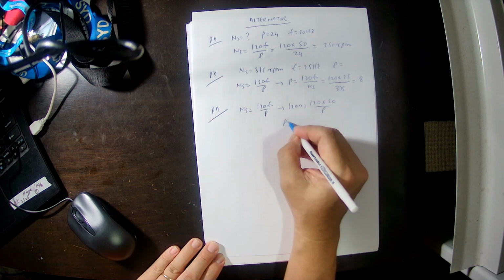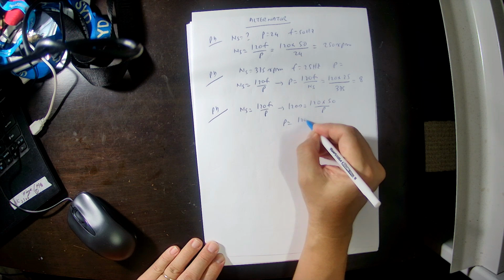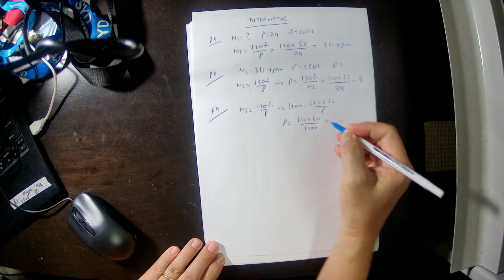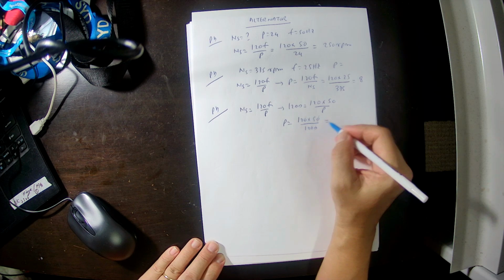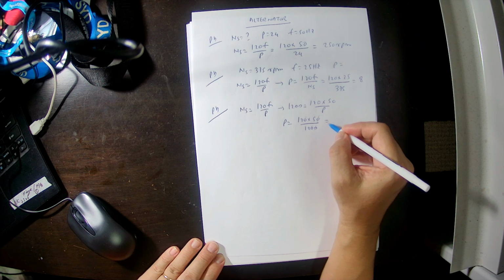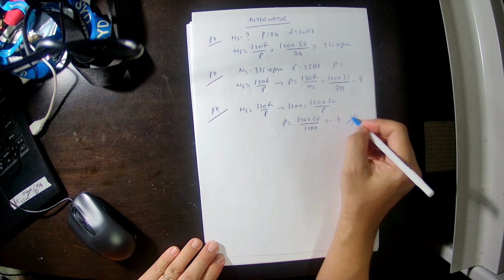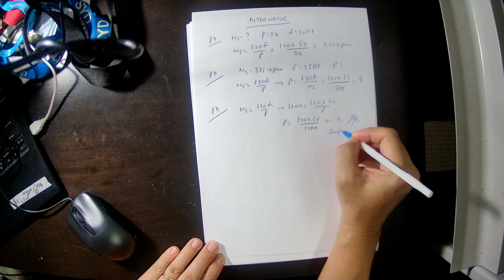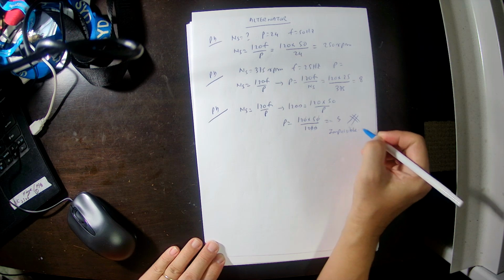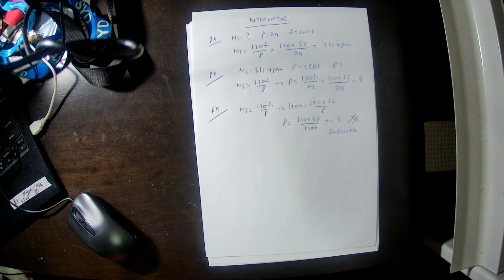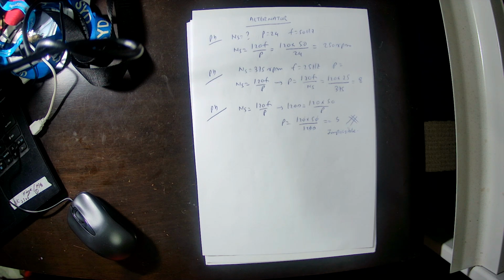So P equal to 120 into 50 divided by 1200. So that will be 5 pole. This is impossible, because you can't run 5 poles. All poles must be an even number, not odd. So you can't run. Impossible.